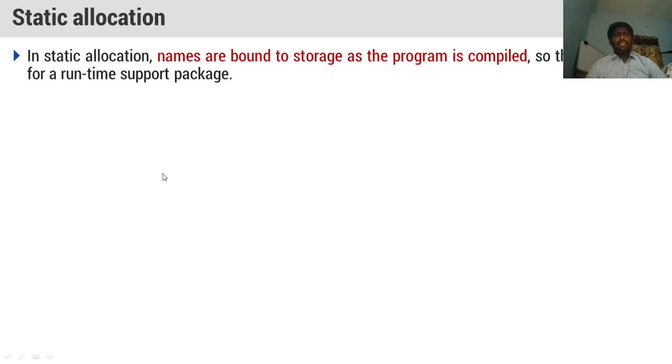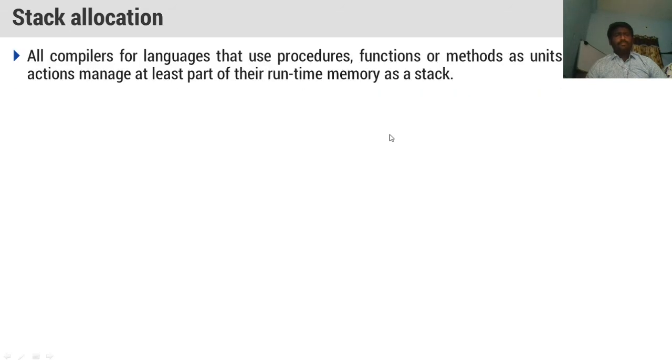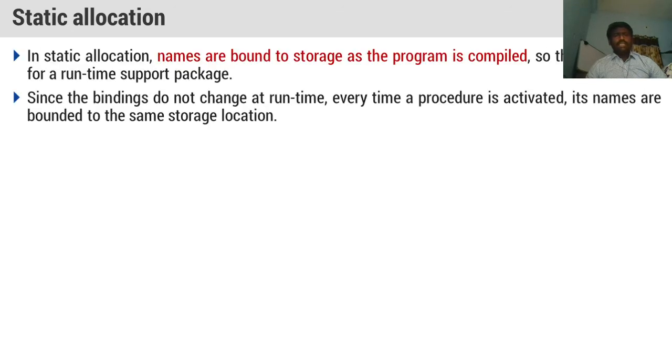In static allocation, names are bound to storage as the program is compiled. For example, in the static allocation, bindings do not change at runtime.